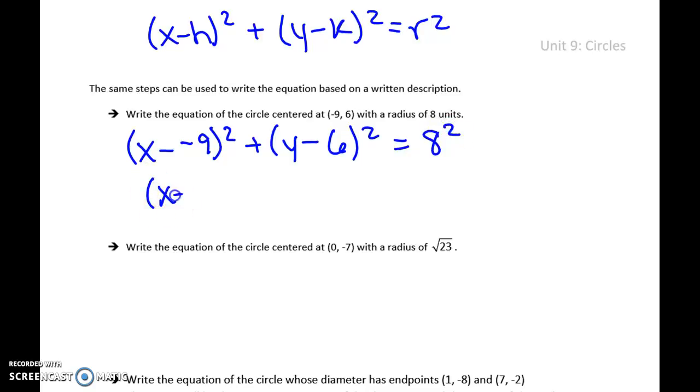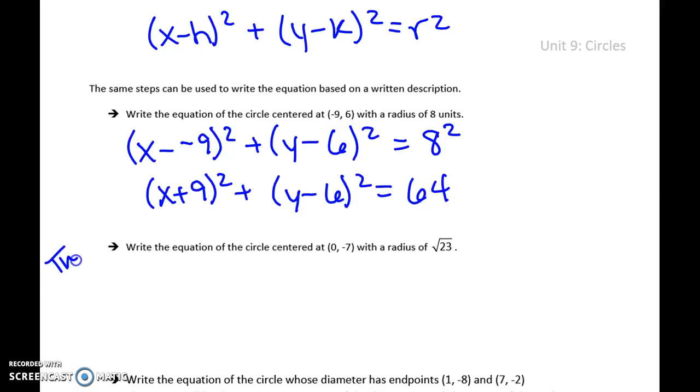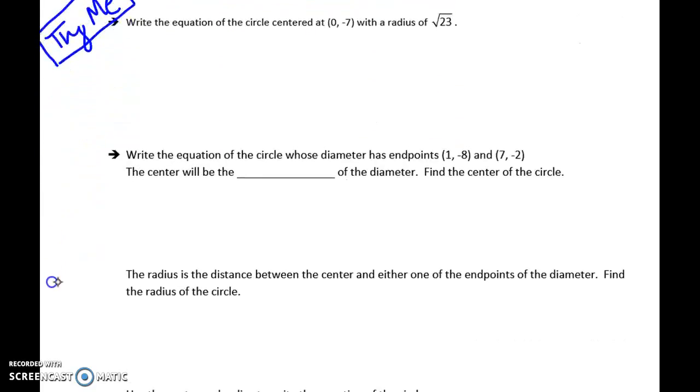So this becomes (x plus 9) squared plus (y minus 6) squared equals 64. I want you guys now to try this question here. Try me. And I'm going to check and see if you did it next class.